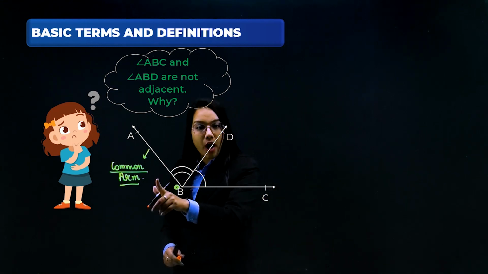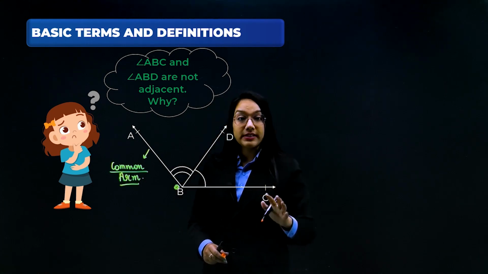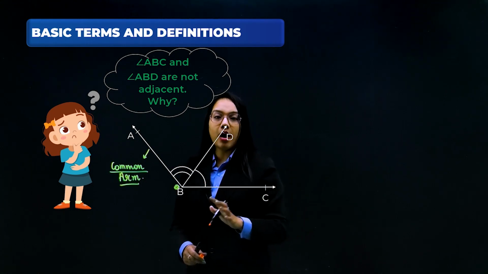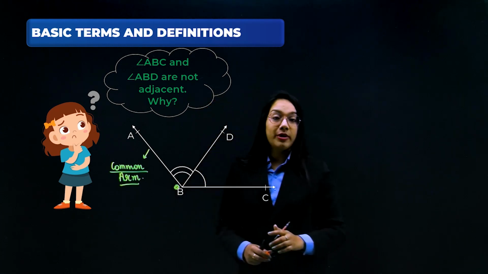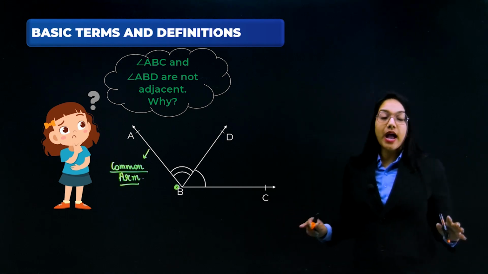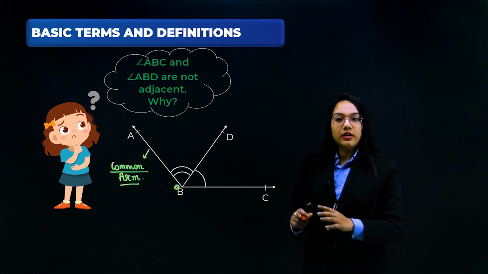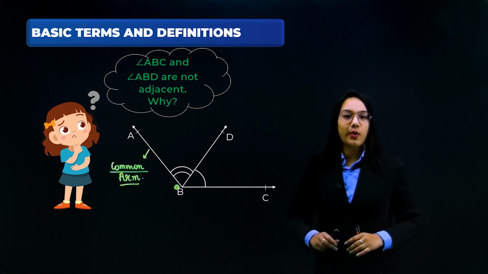They do have a common arm, they do have two non-common arms that are lying on different sides of the common arm. So they are not on the different side of the common arm, and that's why they are not called adjacent angles at all. So this is the reason related with this particular question.